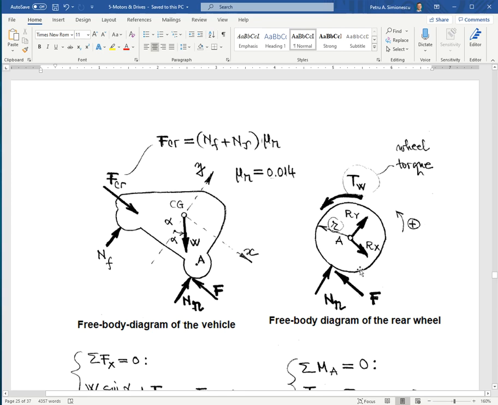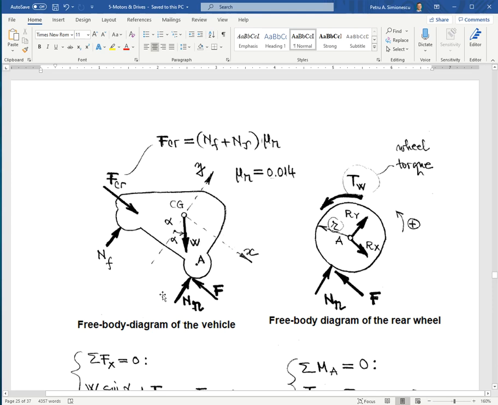So essentially, I'm going to sum moments about the axis of rotation A of the wheel, and if you sum forces along the incline, the x-axis, this force is going to overcome the rolling resistance and the slope resistance component of the weight parallel with the x-axis, which will be W sine alpha.